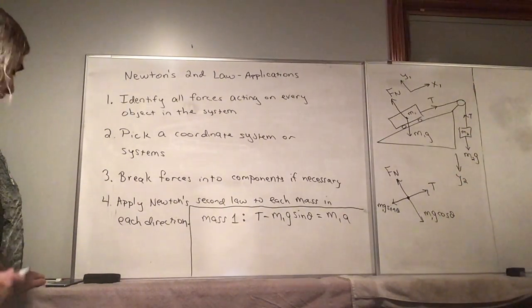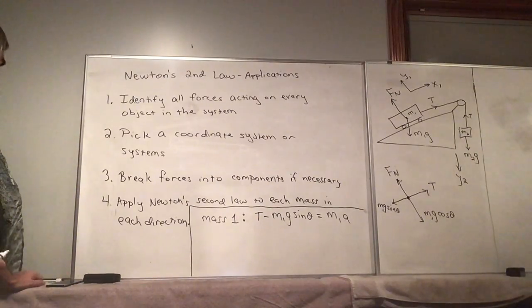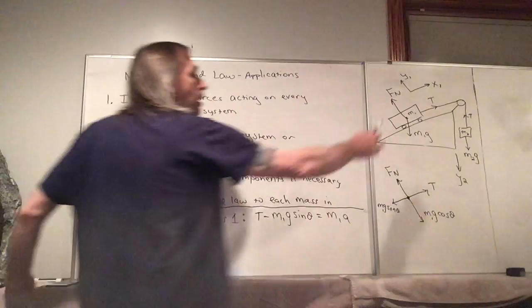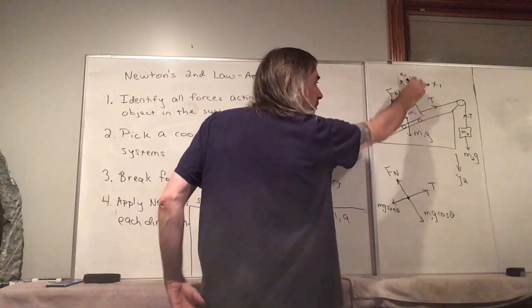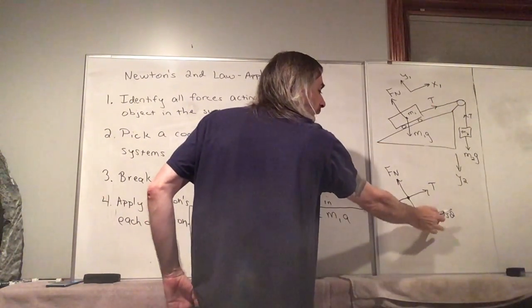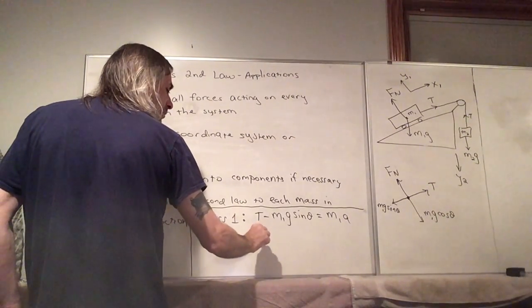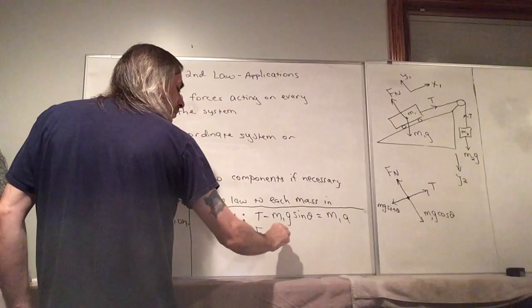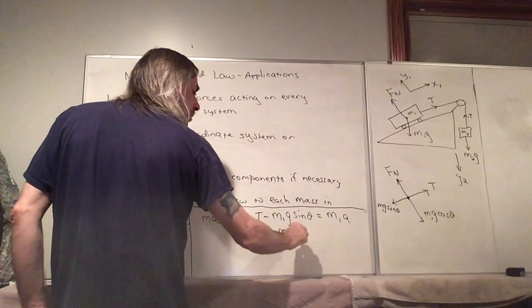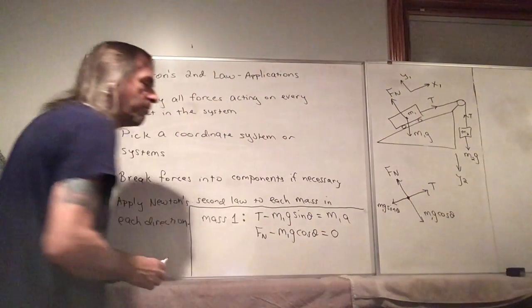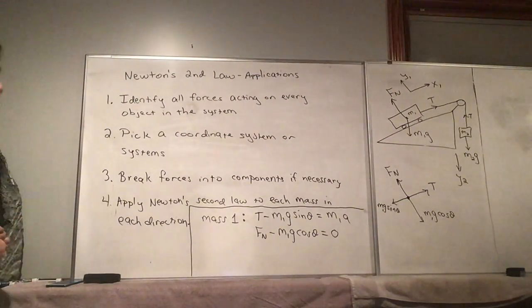Now in the y direction, we have the normal force, and that's in the positive y direction, and this is in the negative y direction. So we have Fn minus M1G cosine theta, which is equal to mass times acceleration in the y direction, which is 0.